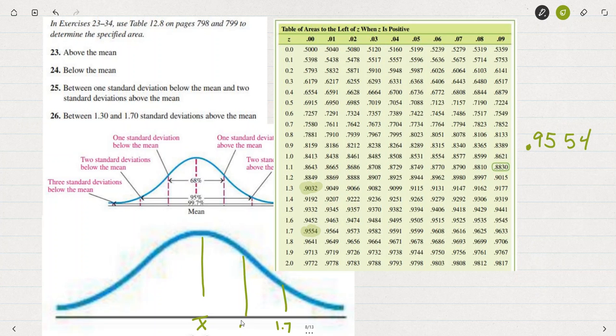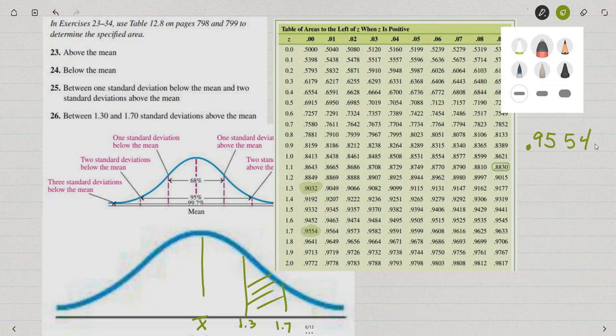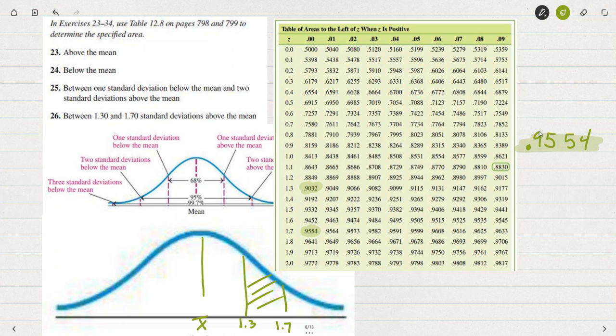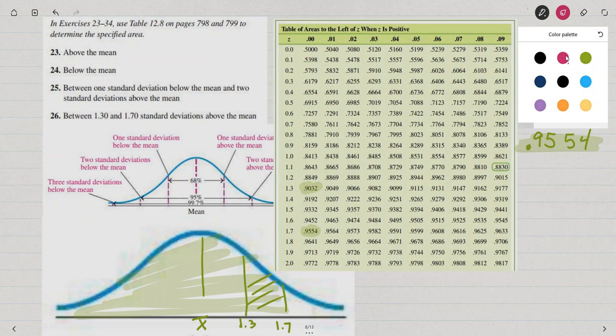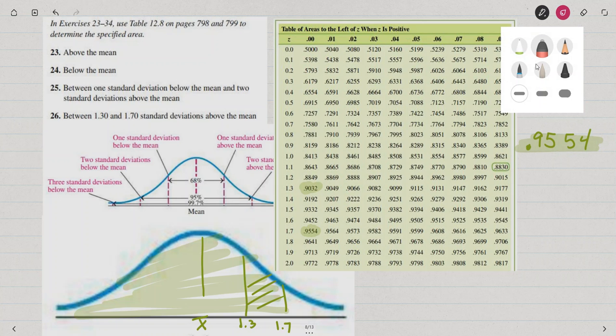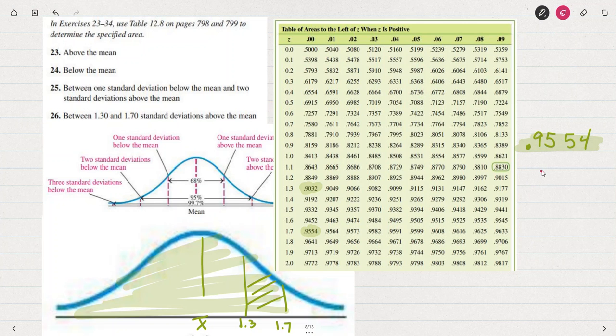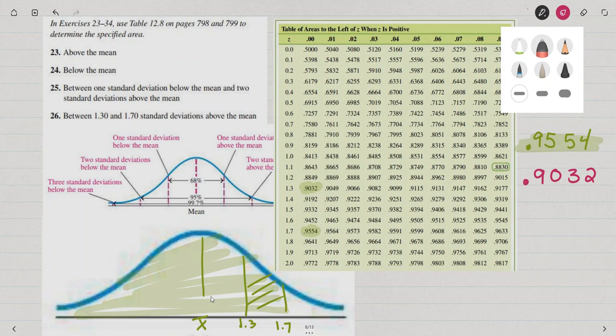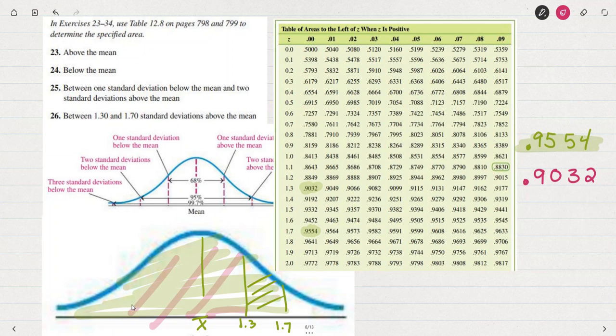We're looking for the space between these. So the 95.54 is this area. And then what we want to subtract from that is the 0.9032. That's this area with the red stripes. And that's going to leave us the piece that we're looking for.